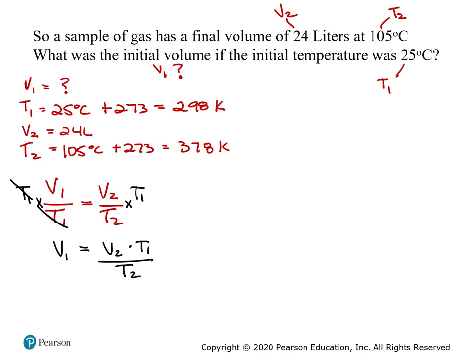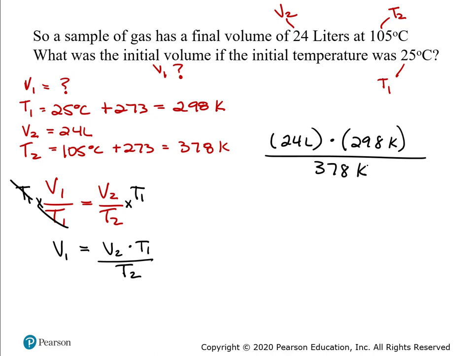So now I just plug them in. Just be careful that you do them. So 24 liters is my V2 times T1, which is 298 Kelvin, and then divided by T2, which is 378 Kelvin. Kelvin and Kelvin will cancel.